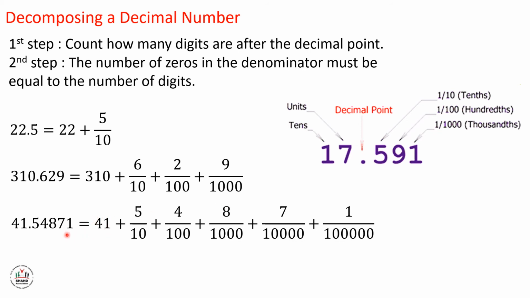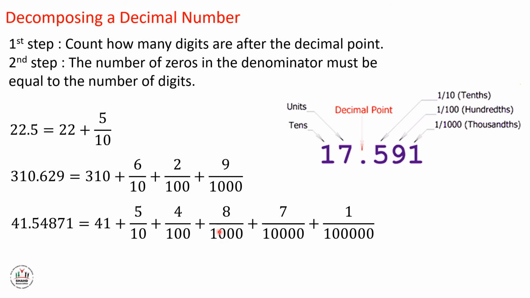41.54871. So we write 41 as it is, plus 5 over how many digits until we reach 5? Only one digit. So 5 in the tenths place value table. So we write 5 over 10 plus 4 over 100 plus 8 over 1, 2, 3.